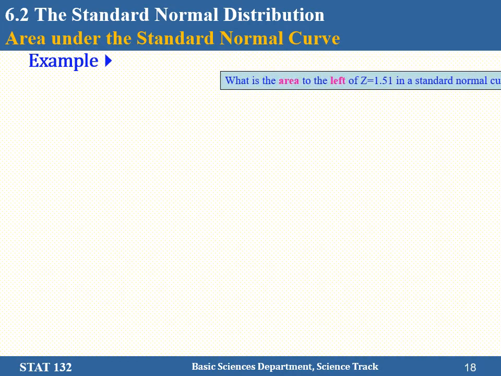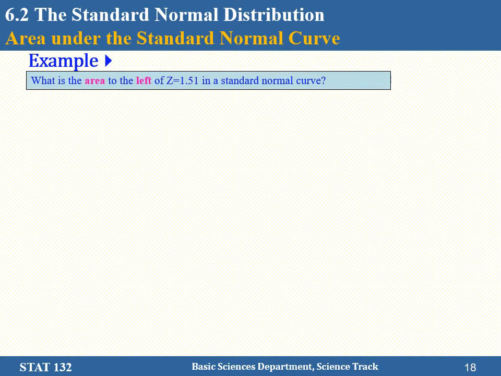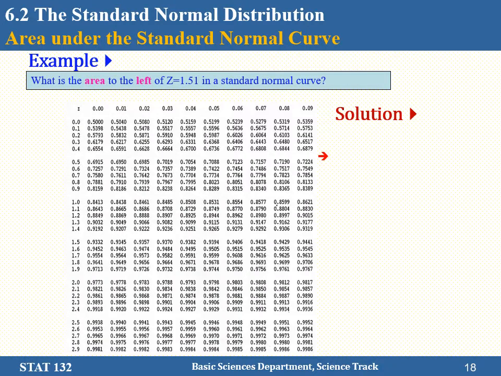Now let's do another example. What's the area to the left of z equal to 1.51 in a standard normal curve? We have to use the table, and it's asking for this part here, the left part of 1.51. The center is 0, as you know, so it has to be something like this.